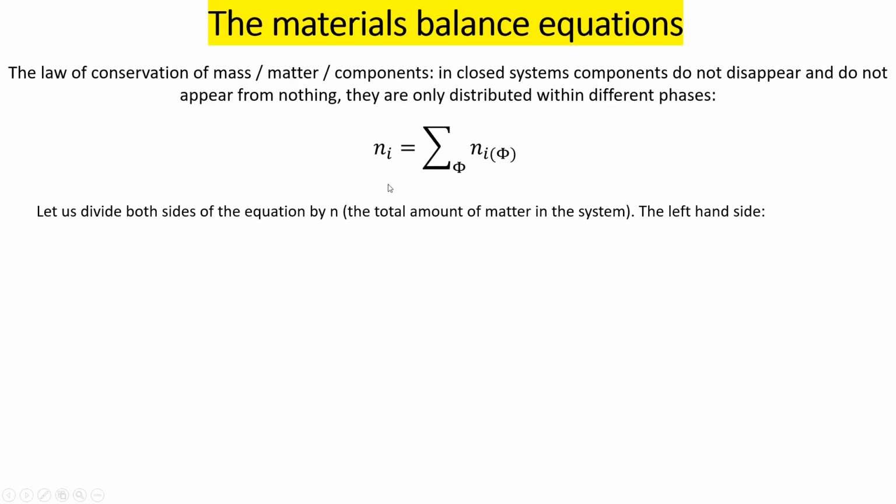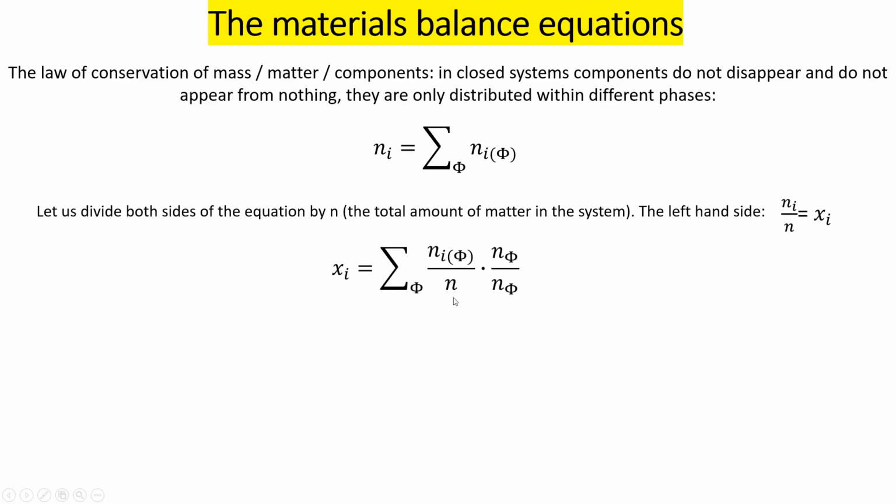By the way, if you like, you can simplify back. But I divide it on purpose, so the left-hand side of this equation is now Ni divided by N, and I hope you remember it is Xi, the average mole fraction of component i in the system. So now let me rewrite the left-hand side of that equation as Xi, and then the right-hand side will be the sum of Ni^φ divided by N.